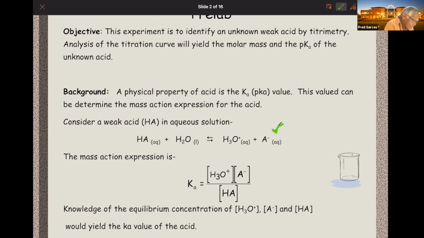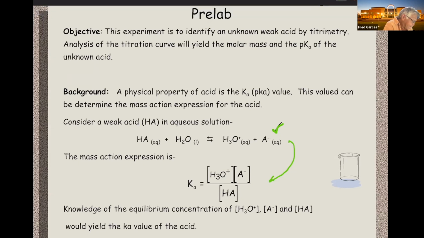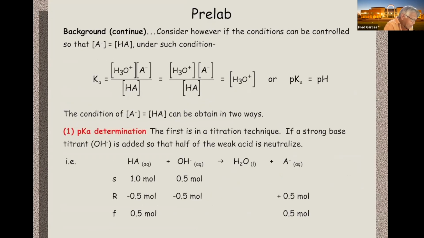And you can write the mass action expression. And that mass action expression is called the Ka, the equilibrium constant for an acid. Okay. The other thing that you should know is that there is a condition when you have both the acid and its conjugate pair present in the solution, where you have a common ion effect, okay?